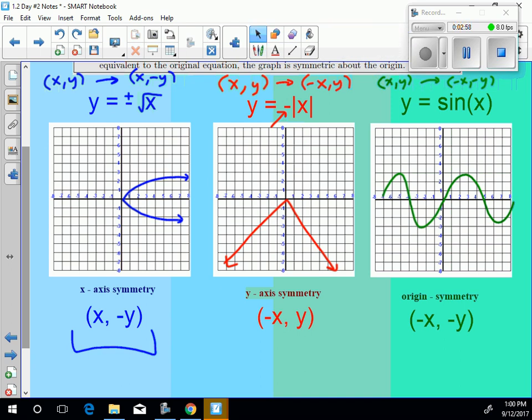So this point right here, let's say (pi over 2, 1). This point would then be (negative pi over 2, negative 1). Look at the symmetry there. That could be visualized as a reflection over both axes, reflection over the y, then over the x, or rotation 180 degrees about the origin. That's what origin symmetry is. So far, so good. Okay, that's an intro.